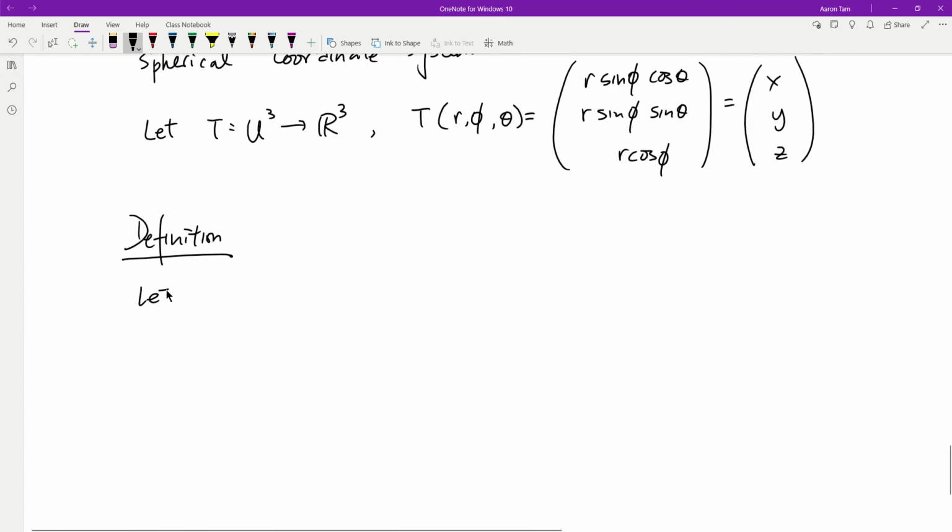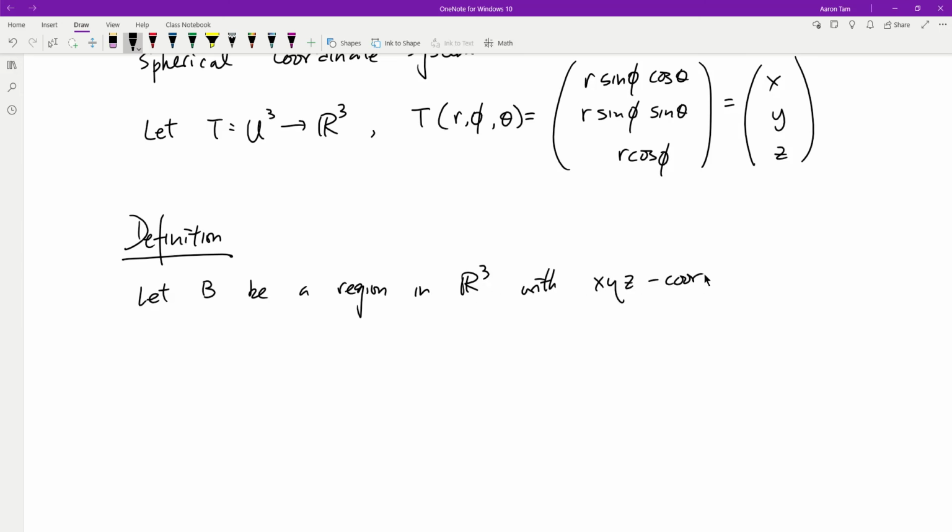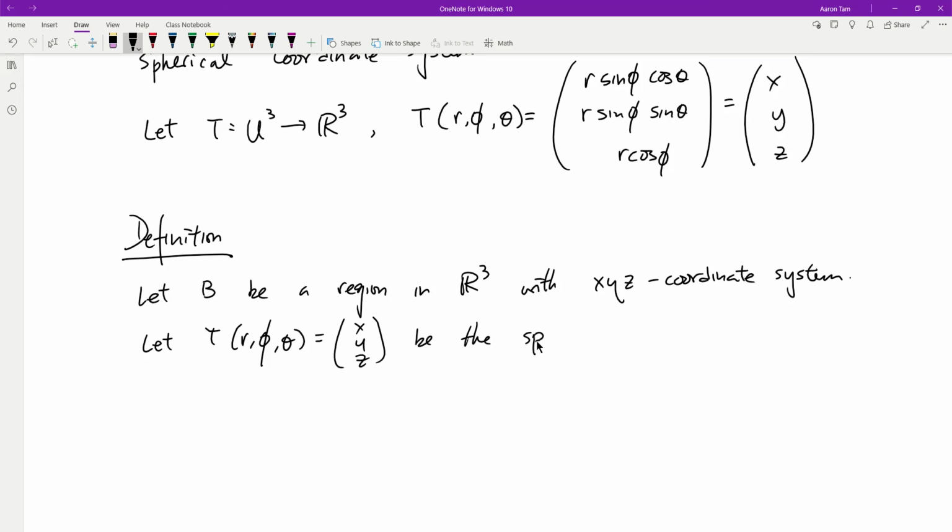Let B be a region in R3 with the x, y, z coordinate system. We're going to let T of R, phi, theta equal to x, y, z be the spherical coordinate transformation.